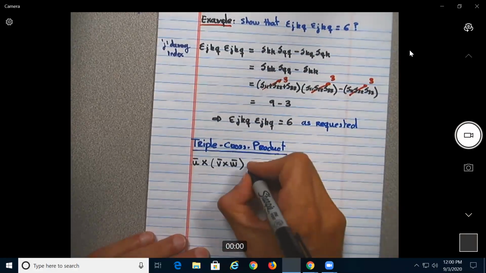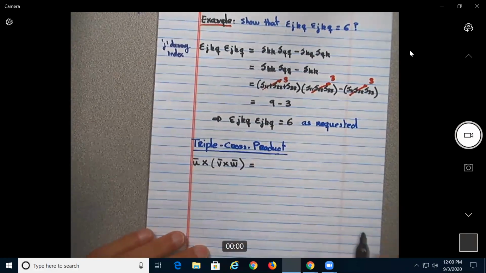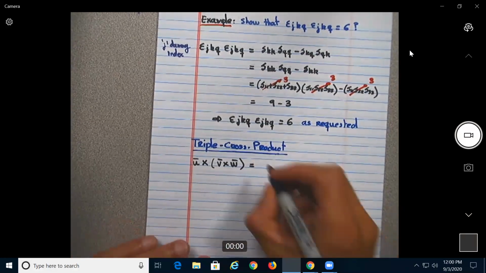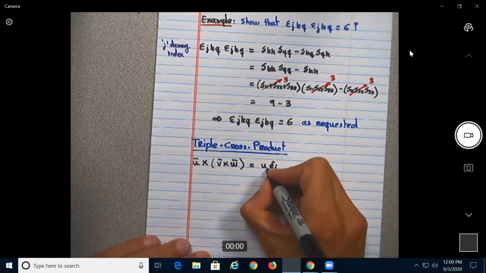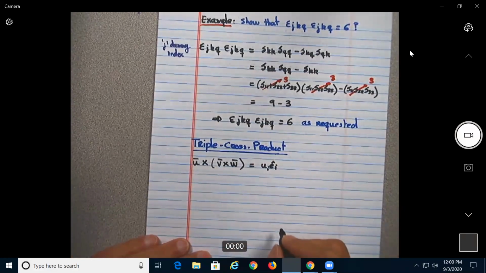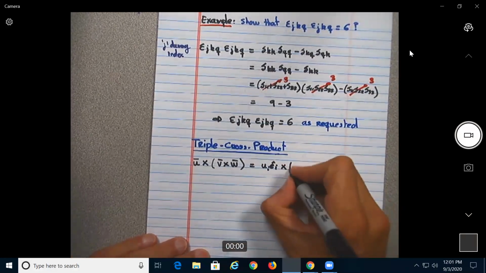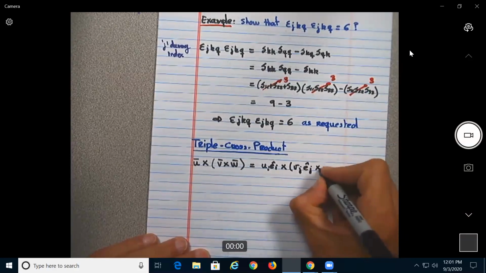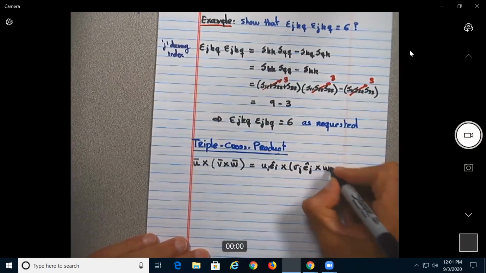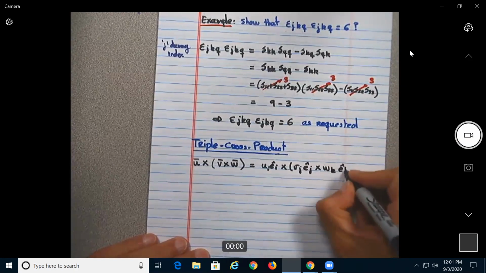If we do this with indicial notation, these are 3 vectors, each with magnitude and directions. We have U sub I, E sub I, cross, let's say, V of J, E of J, cross W of K, E of K.